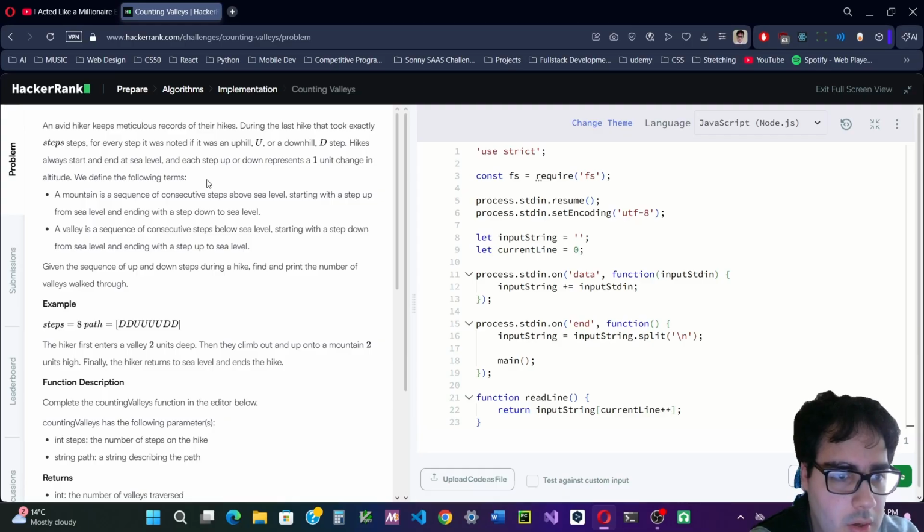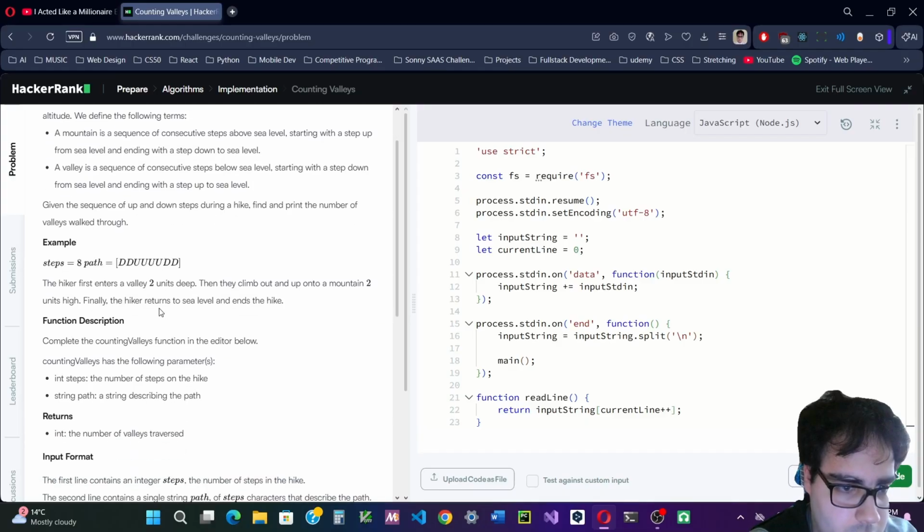These hikes always start at sea level, and each step up or down represents a 1 unit change in altitude. We define the following terms. A mountain is a sequence of consecutive steps above sea level, starting with a step up from sea level and ending with a step down to sea level. A valley is a sequence of consecutive steps below sea level, starting with a step down from sea level and ending with a step up to sea level. Given the sequence of up and down steps, find and print the number of valleys walked through.